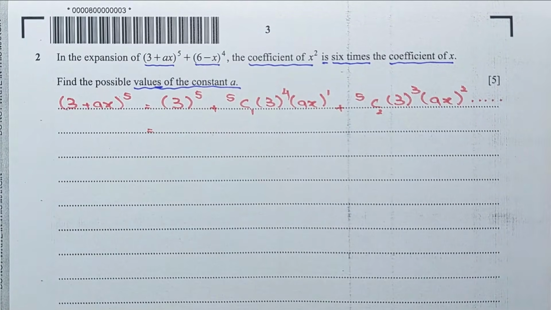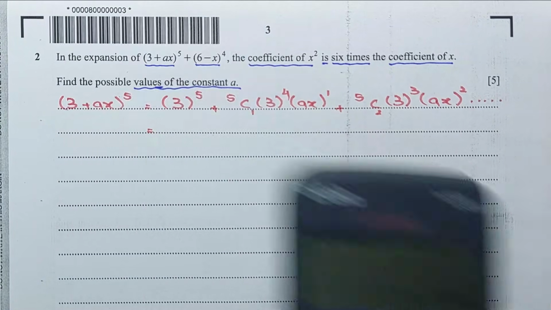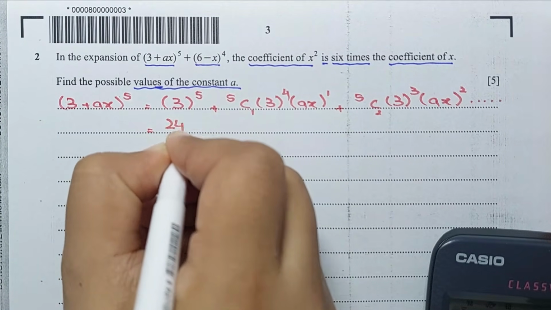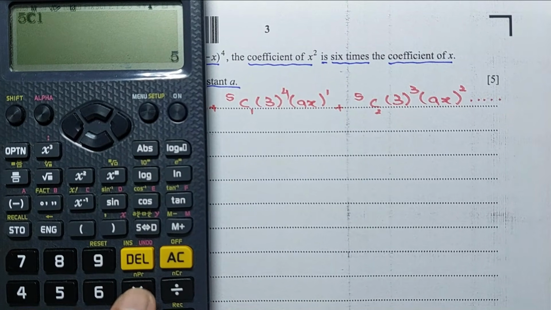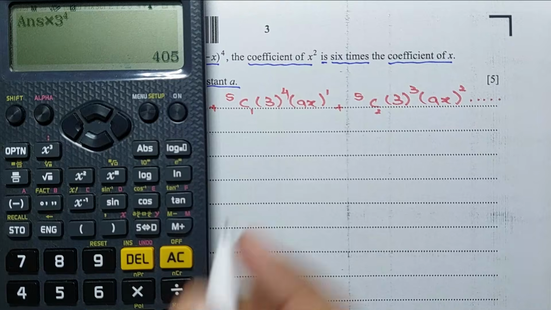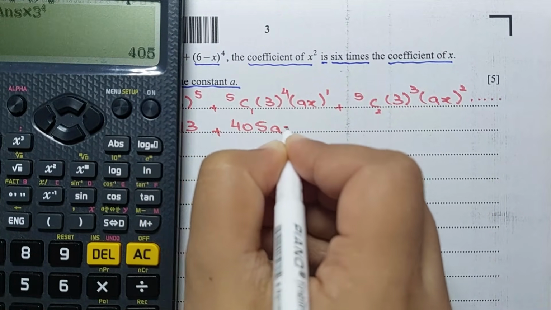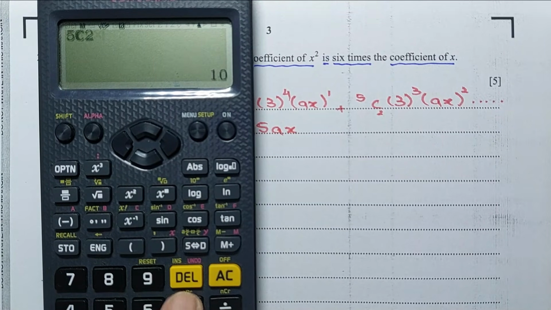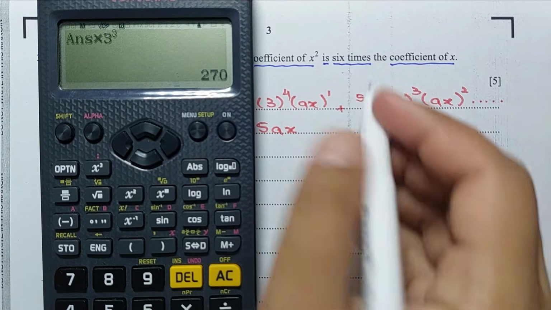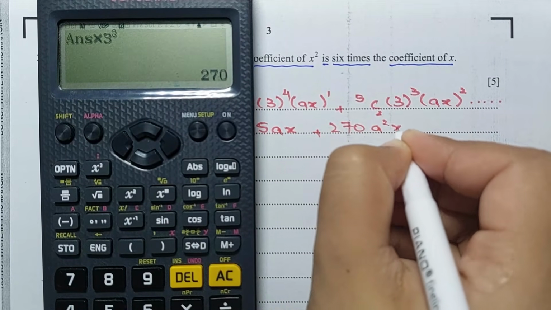So 3 to the power 5 is 243. 5C1 is 5, multiplied by 3 to the power 4, which is 81, gives 405ax. And 5C2 is 10, times 3 cubed is 270, so plus 270a squared x squared.